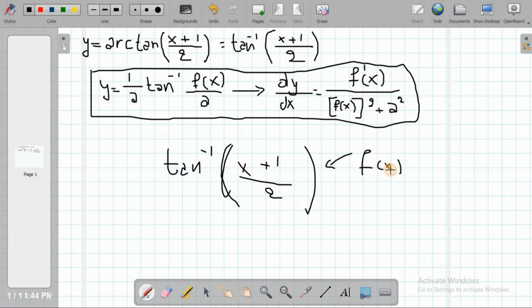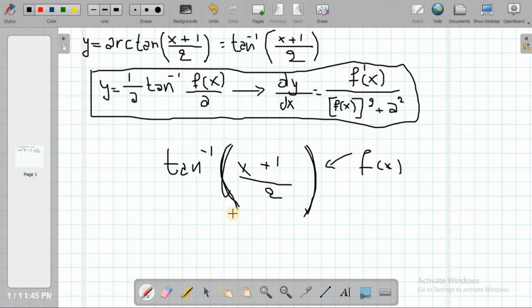We don't have an a. You can't say 2 is equal to a, because you can see everything is inside the bracket, so all of these things is f(x).